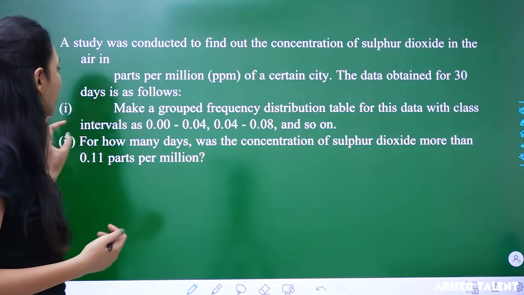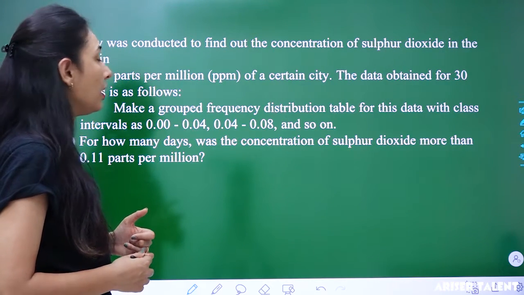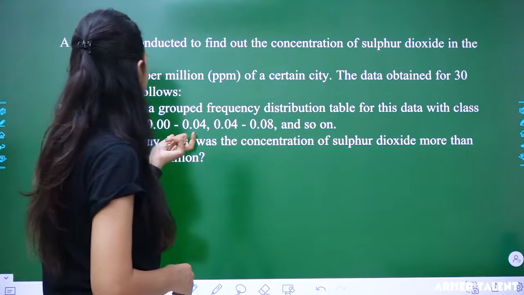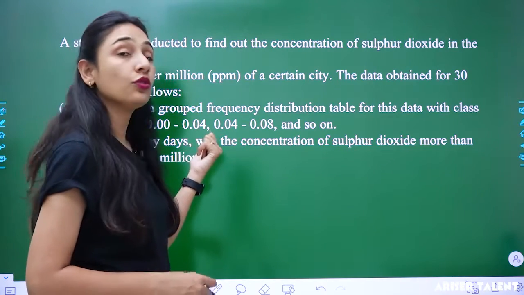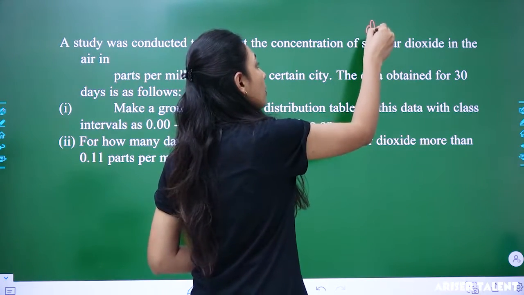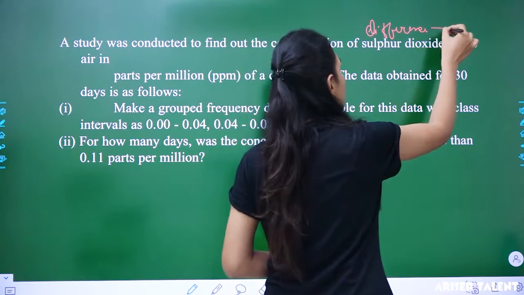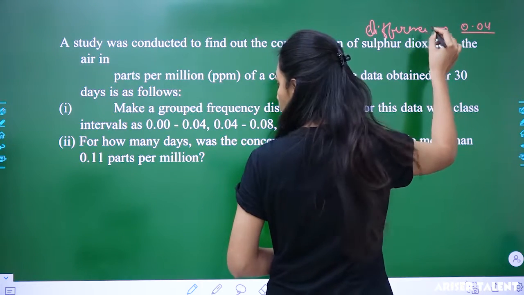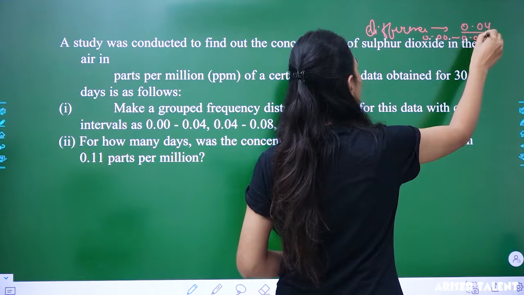We have to make a grouped frequency distribution table for this data with the first interval 0.00 to 0.04, so the difference in the range is 0.04.